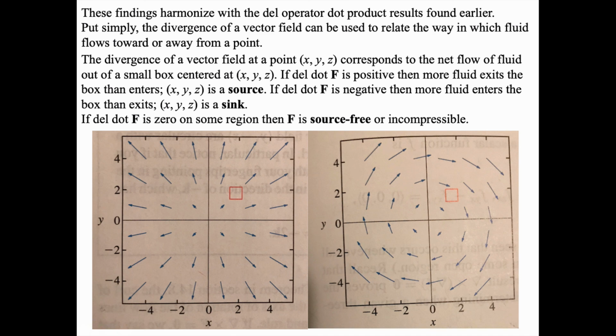And if del dot f is 0 on some region, there's some terminology you need to know, and that is source-free. We say that f is source-free or incompressible. So I'm hoping this little discussion gave you a better idea as to what divergence actually means. It's an easy calculation to get a scalar output, but what's the significance? And please keep in mind, as this slide implies, this approach works in 2-space and 3-space.